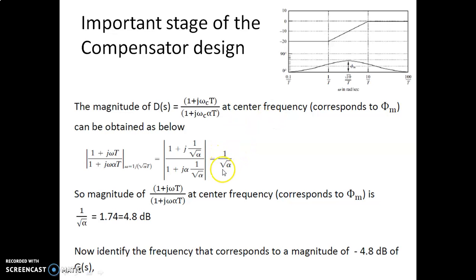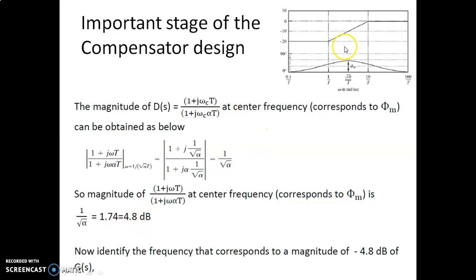In this particular example, since we already know the value of alpha as 0.33, 1 over root alpha comes out to be 1.74, which corresponds to 4.8 dB. So if this is 0, at this particular frequency this will be 4.8 dB. That's the meaning of this particular thing.